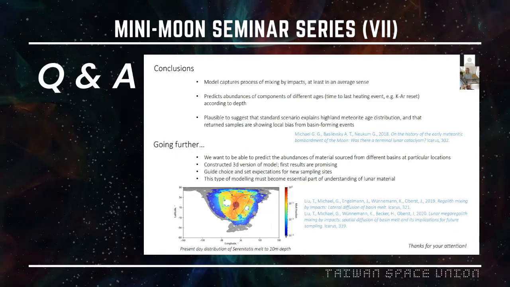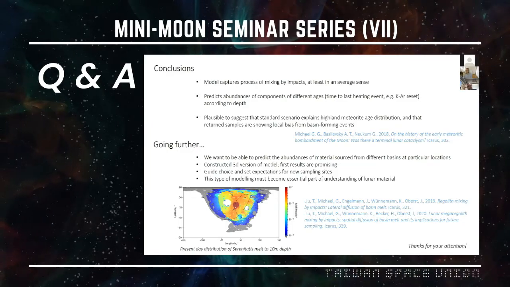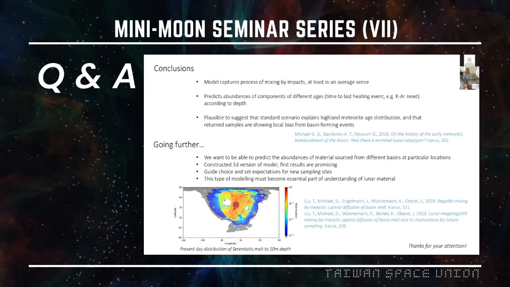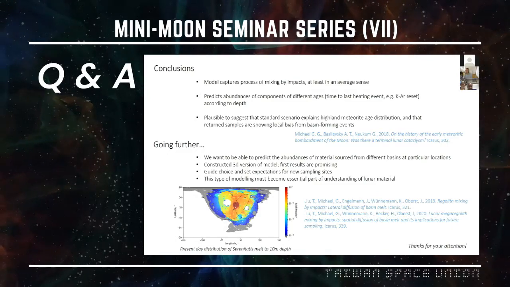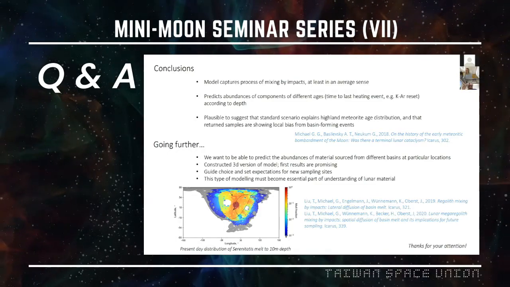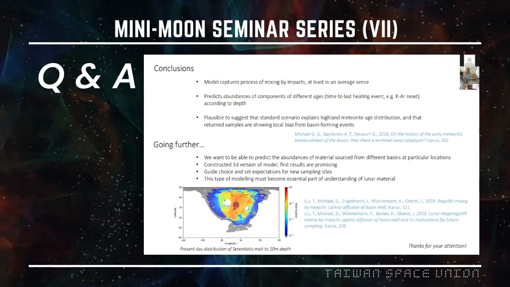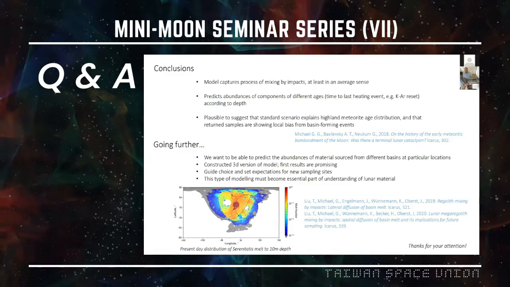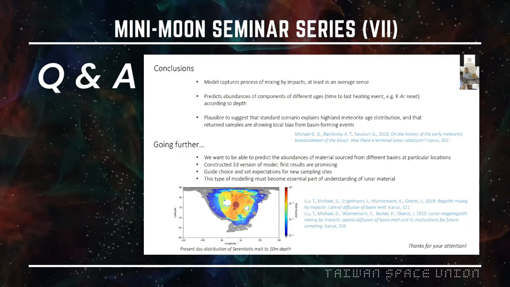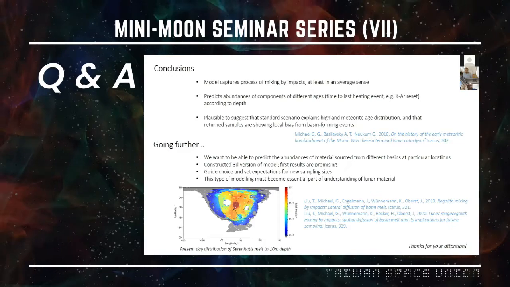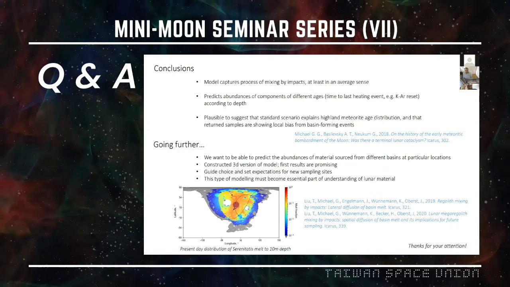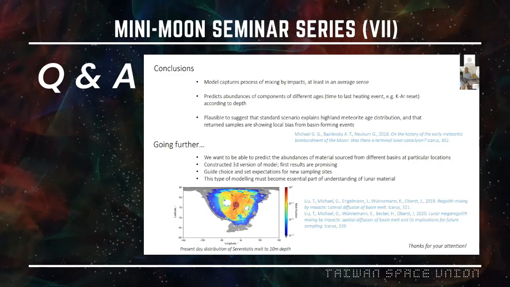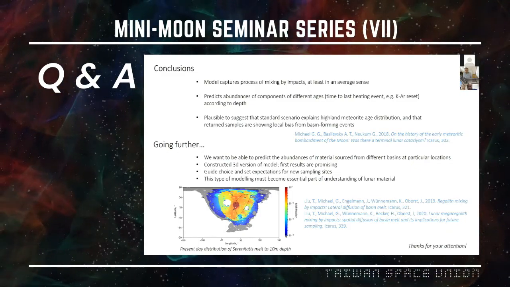That's the dating you mentioned, are mostly done on the lunar rocks, or could the grains, you know, the dust particles, could you also use them for the dating? I think as it stands, the dating is done on relatively large particles from the lunar samples.